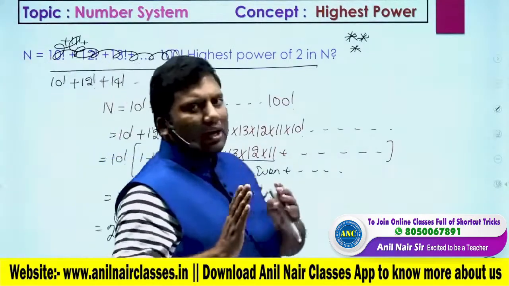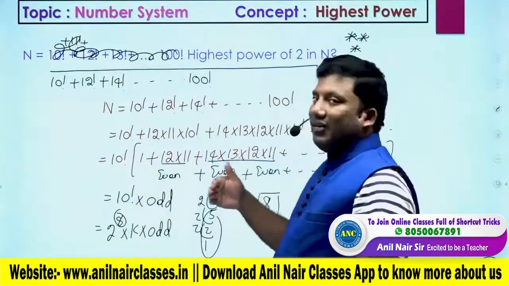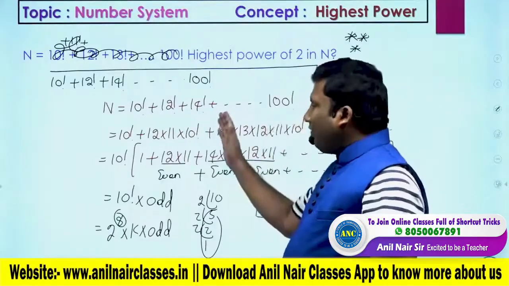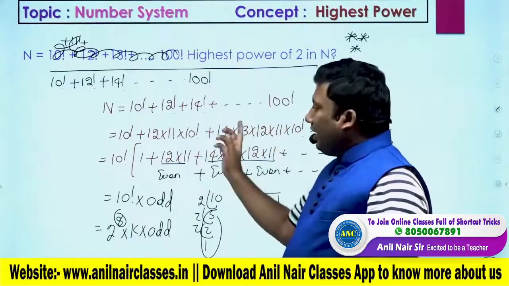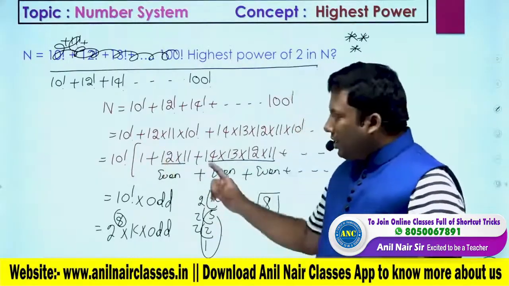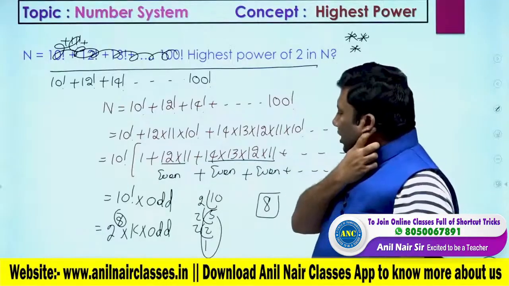12 factorial has been decomposed as 12 into 11 into 10 factorial. 14 factorial is 14 into 13 into 12 into 11 into 10 factorial. If I take 10 factorial common, 1 plus 12 into 11 plus 14 into 13 into 12 into 11.